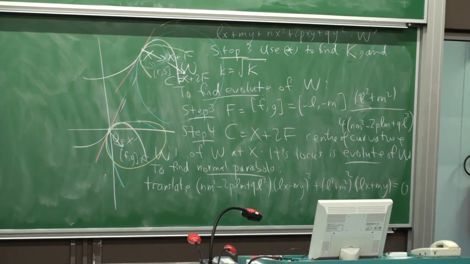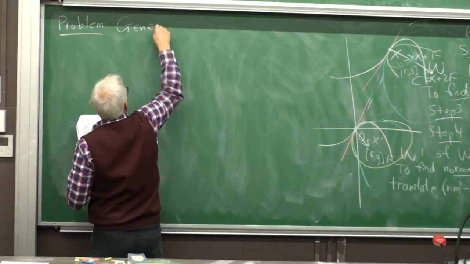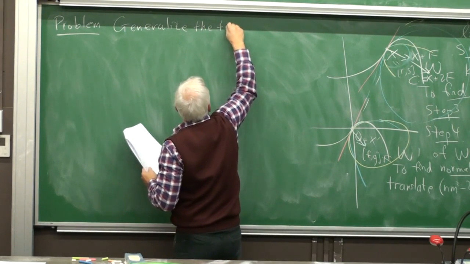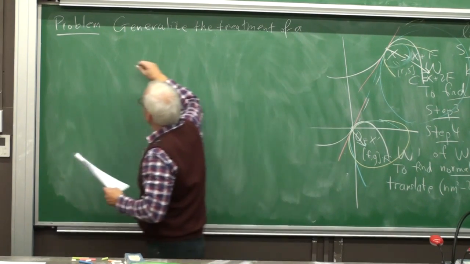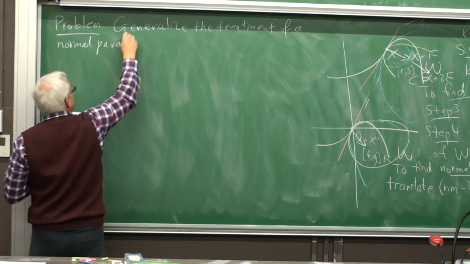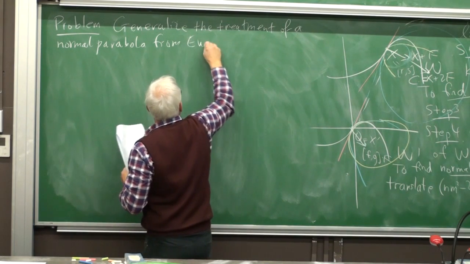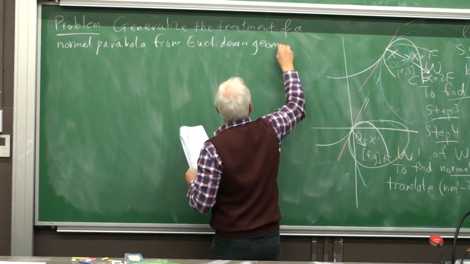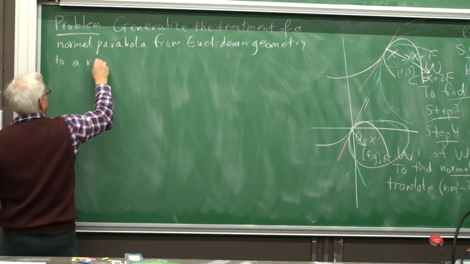The problem is to generalize the treatment that I've just given of a normal parabola from Euclidean geometry to relativistic geometry.